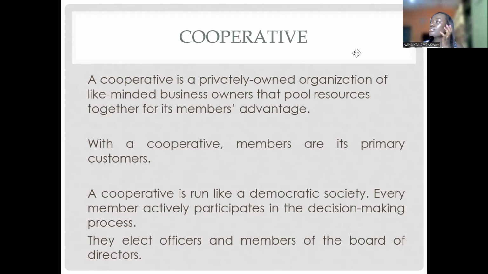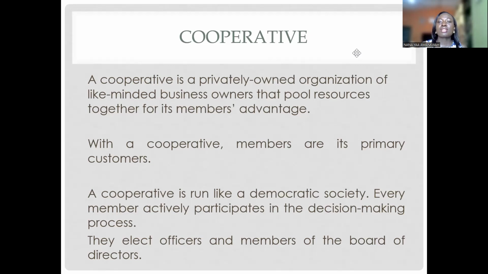I think GPRTU has that, and some small microfinance businesses also come together. Other organizations come together to set up maybe a microfinance for themselves. Members are its customers. So if you are not a member of the cooperative, most of the time you are not a customer. Usually it's the members who are.